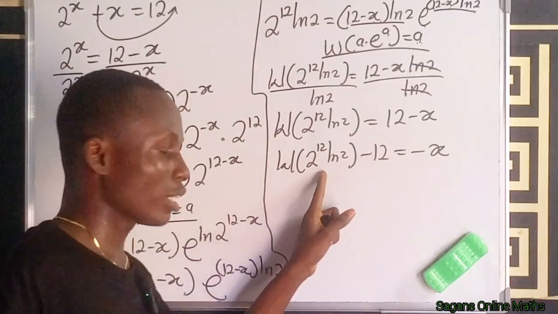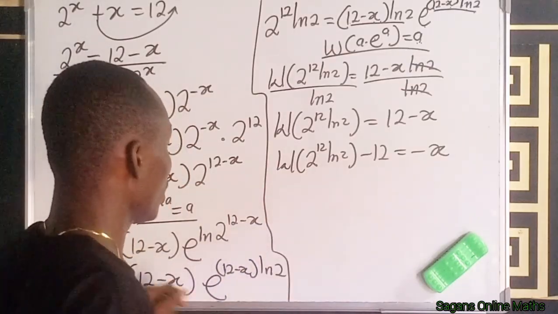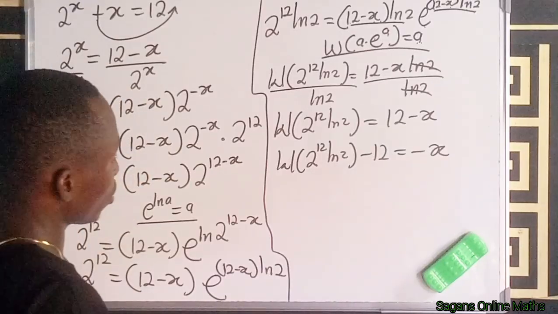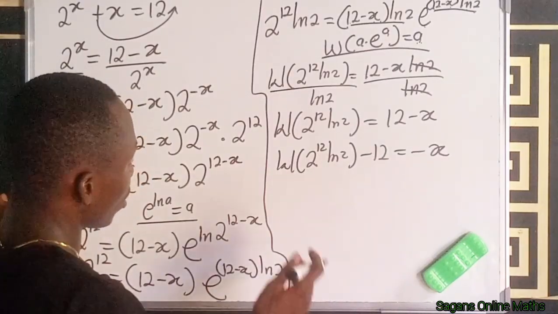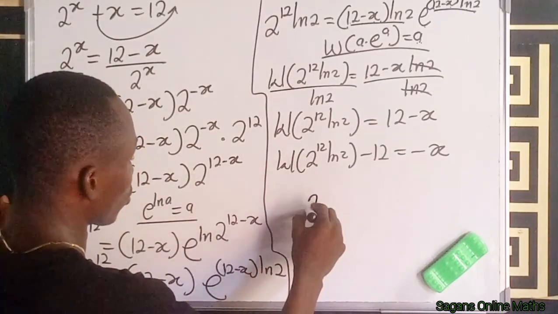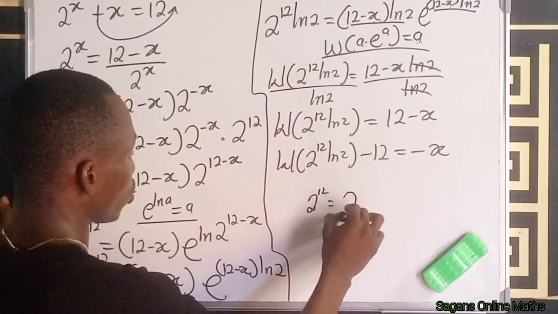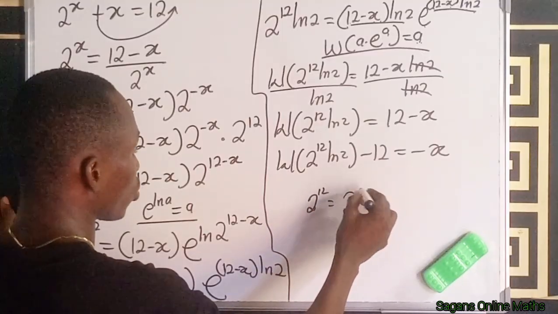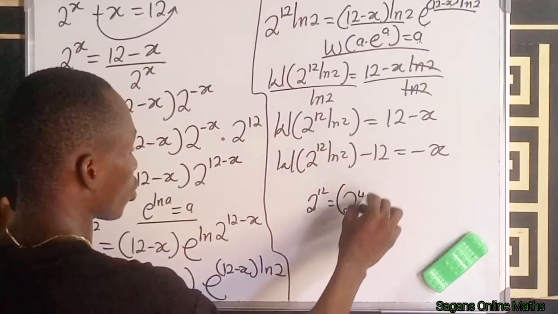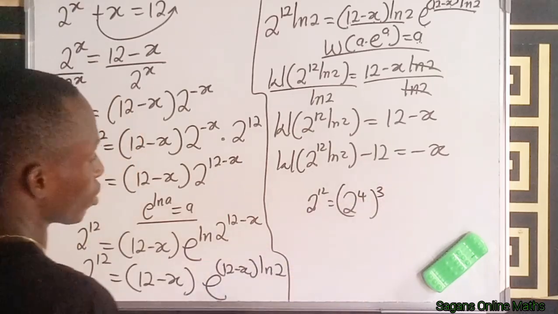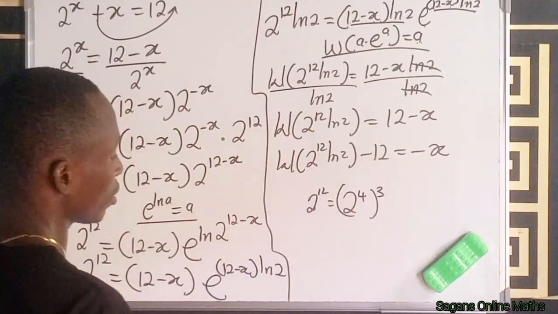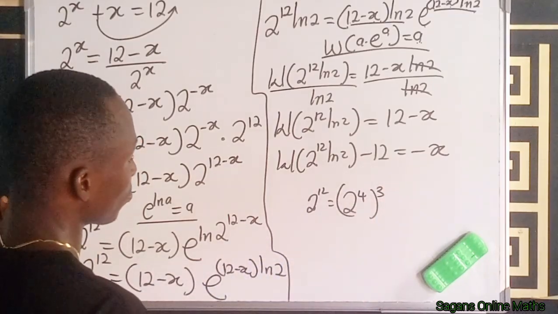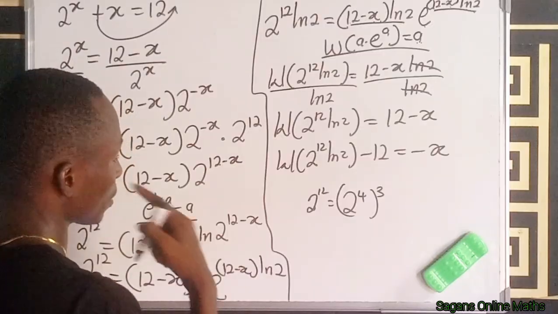But let's see what else we can do here, whether we can simplify this to the lowest term. So let's see what we can do. We know that 2 raised to the power of 12 can also be seen as 2 to the power of 4 or to the power of 3. You can see that 3 times 4 will give us 12, right? That's amazing.